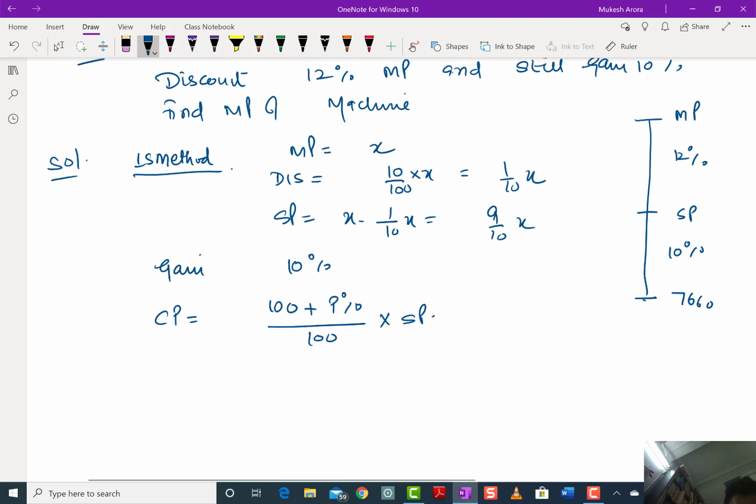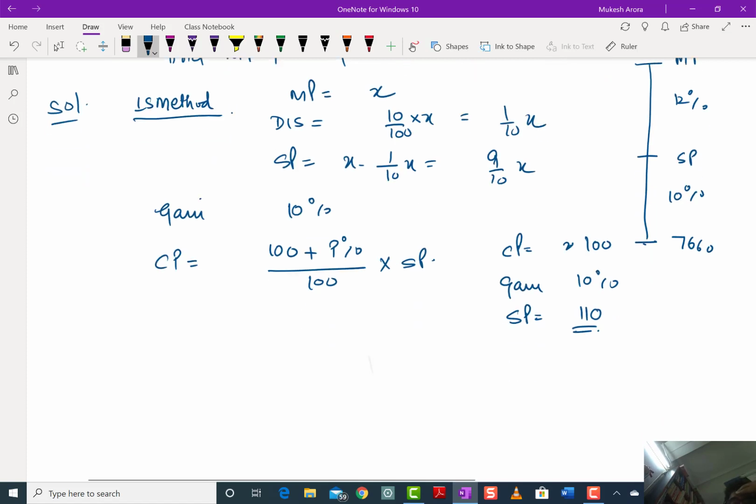So now we can assume CP as 100, gain is 10%, SP will be 110.